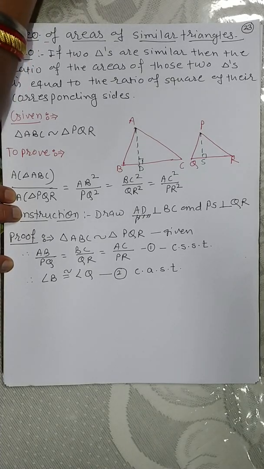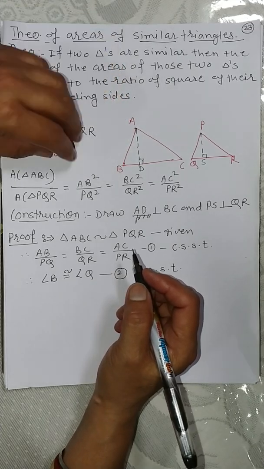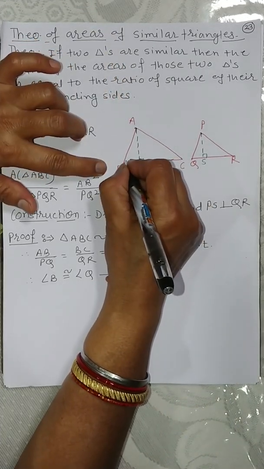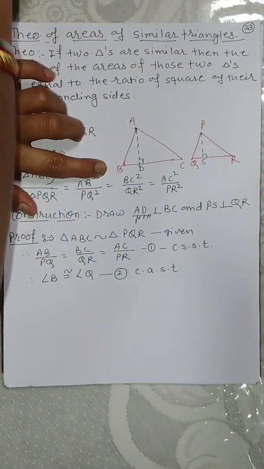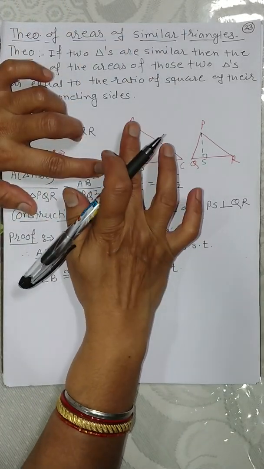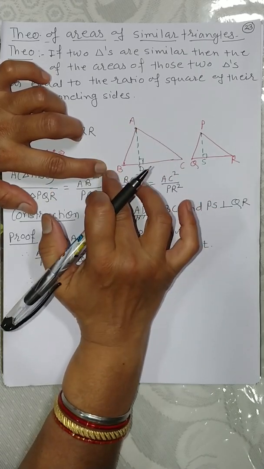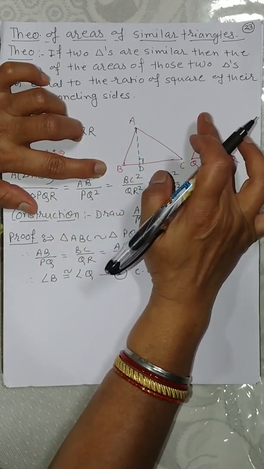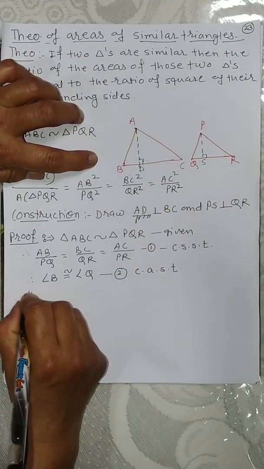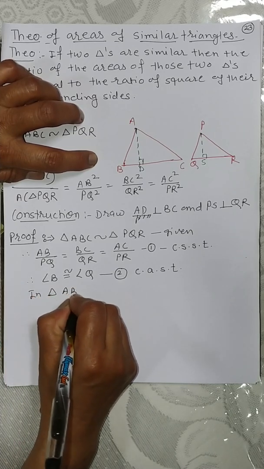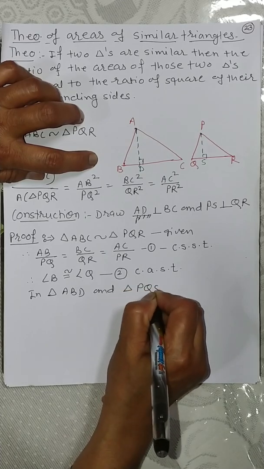Now here in these two triangles, we get this angle B congruent angle Q. This statement we got here. Now we have to consider these two triangles, triangle ABD and triangle PQS.